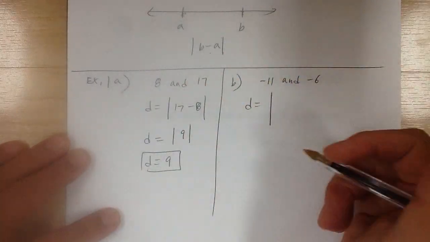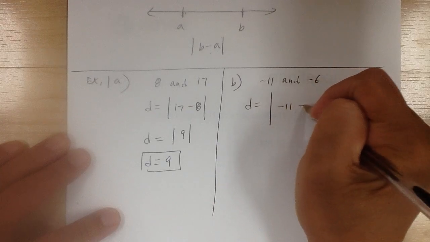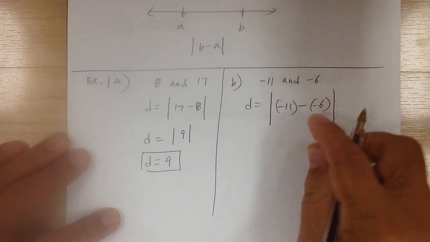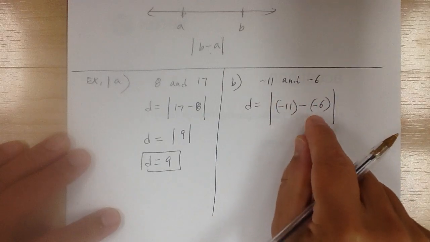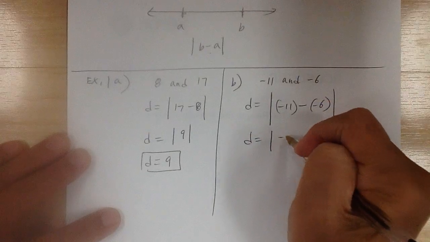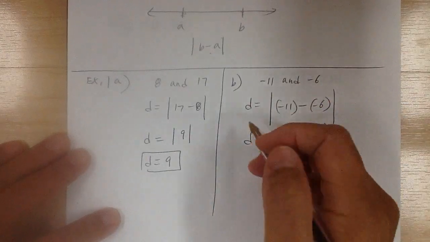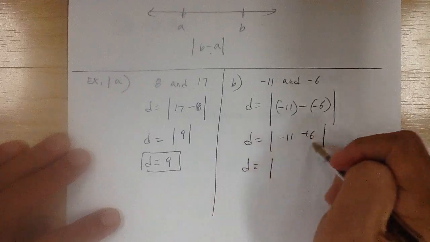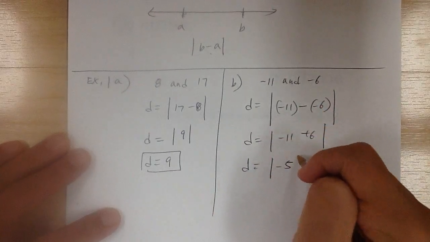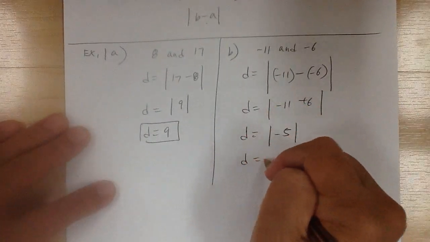If you have negative 11 minus negative 6, make sure, again, distance is the difference between the two. So this would be negative 11 plus 6. Now these two numbers have opposite signs, so you subtract the numbers, which gives you 5, and we take the sign of the bigger number, which is negative 5. Then you apply the absolute value, so the distance equals 5.